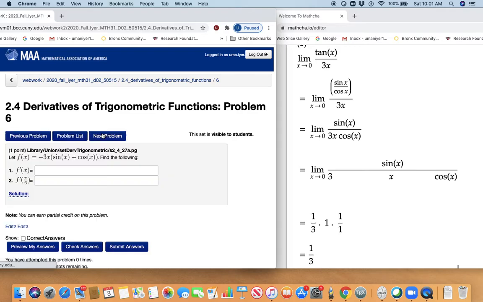All right, next question. f of x is this function, find its derivative. So notice there is an x over here, so this calls for the product rule.